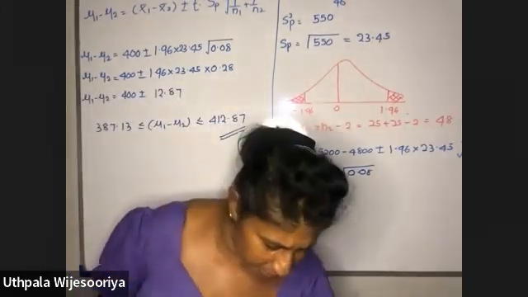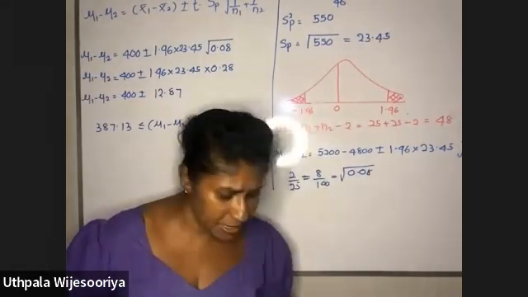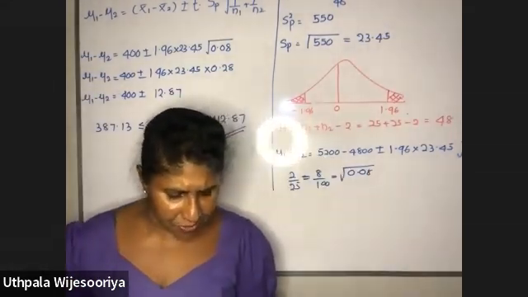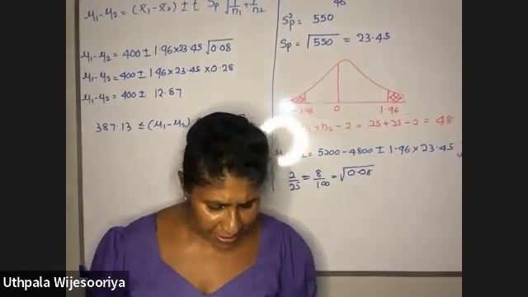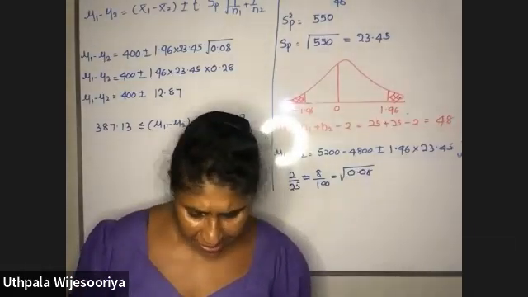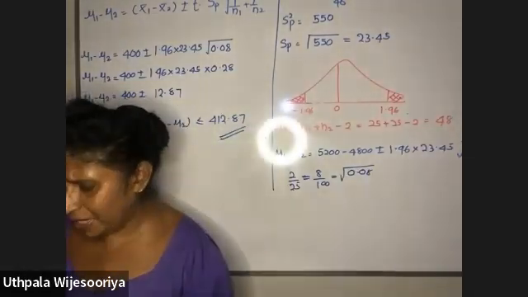Now the first example follows a normal distribution, with 90% confidence level, 95% confidence level, and 99% confidence level. What are the relevant numbers?